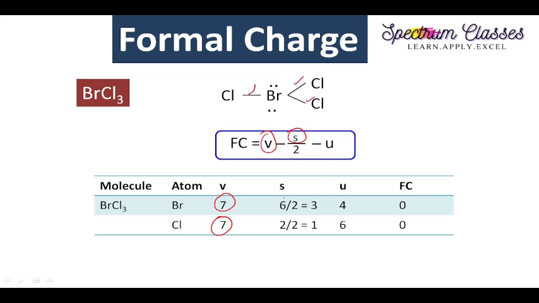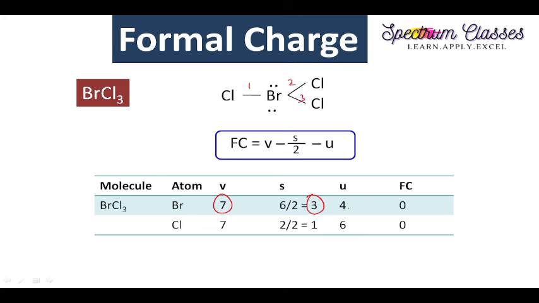So 3 bonds have 6 electrons, and since 1 electron is shared by each participating element, we are going to divide it by 2. Or simply you can calculate the number of bonds and write 3 only. So this is the valence electron and these are the shared number of bonds: one bond, second bond and third bond here.